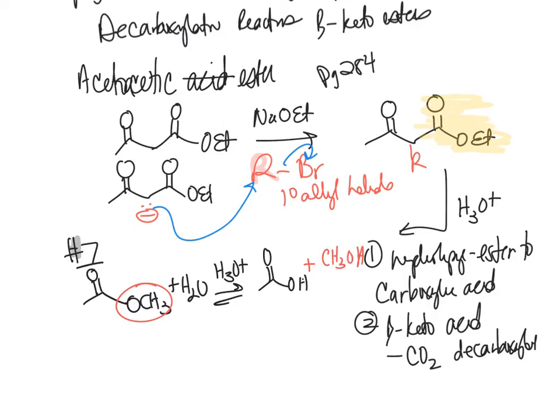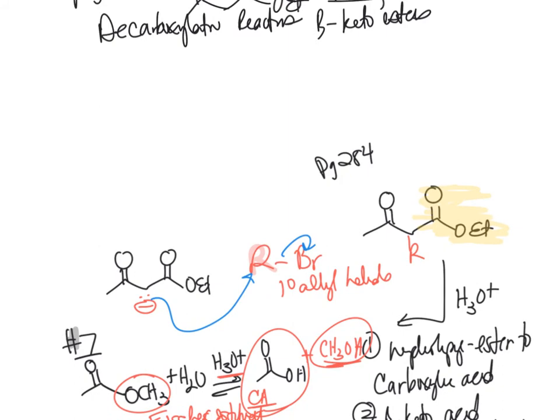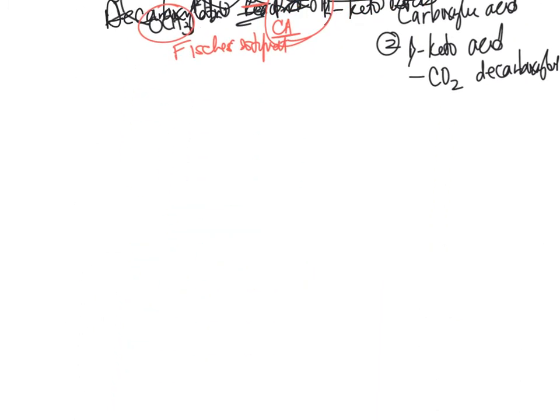So what are the products of the acid catalyzed hydrolysis? So basically the carboxylic acid and the methanol. And this is the same thing if you go this way, it's Fischer esterification. Carboxylic acid, alcohol, and an acid, right? So this is the same thing as Fischer esterification.